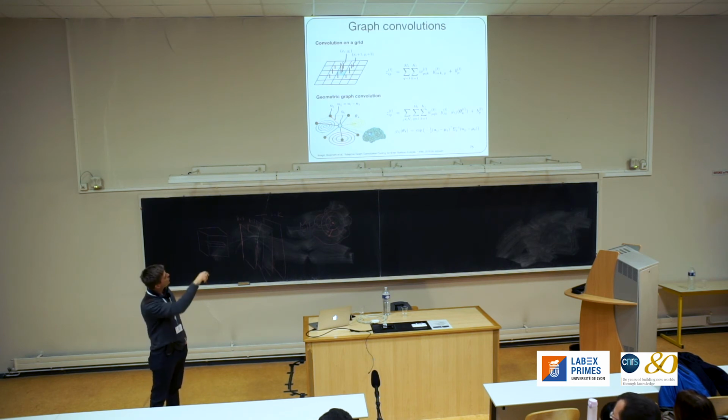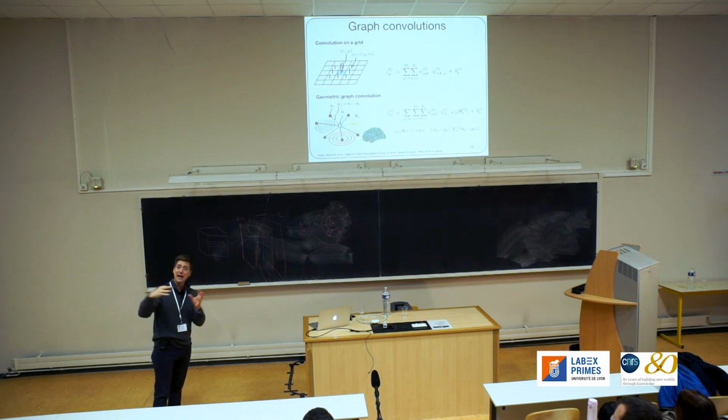Then the convolution at this point is the sum over all the neighbors, and for each of the neighbors, the sum of the responses for these Gaussians. It's exactly the same as this, except now these distributions, these peaks, can be anywhere in space, and they can have various shapes.